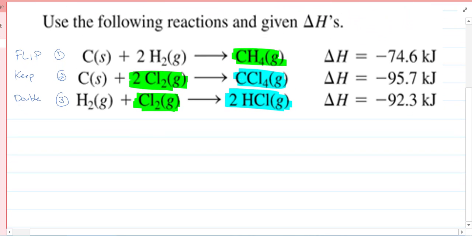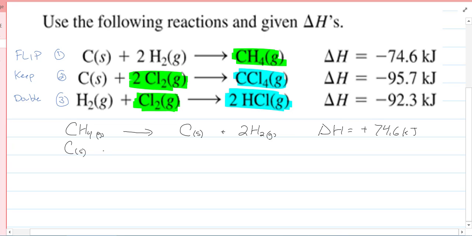So let's rewrite these. Equation 1, I have CH4 going to C solid plus 2H2 gas. So now delta H is positive 74.6 kilojoules. Equation 2, keeping it.